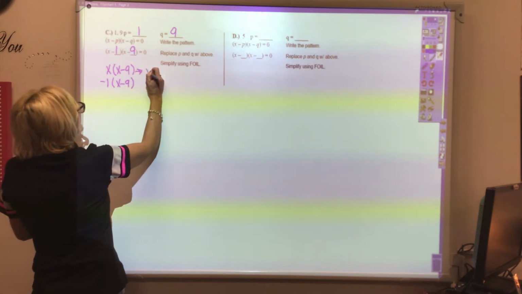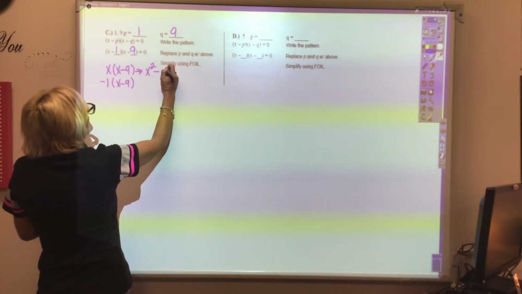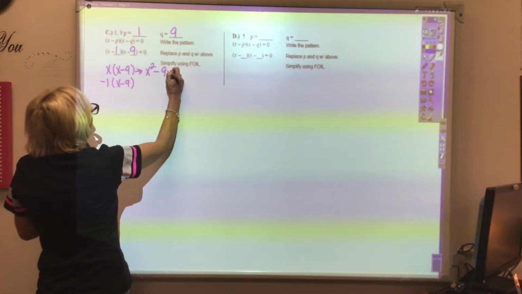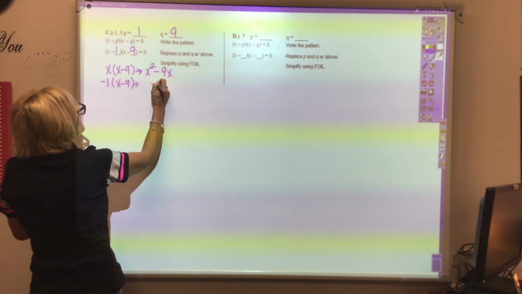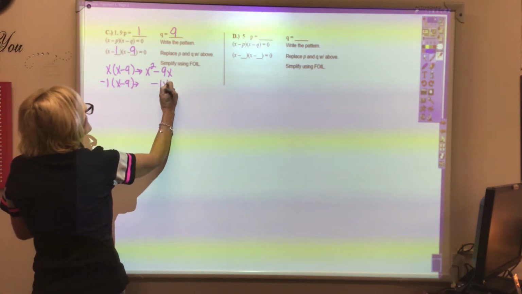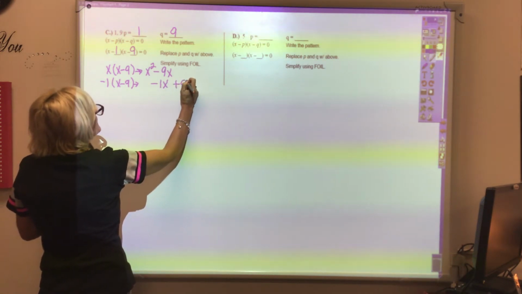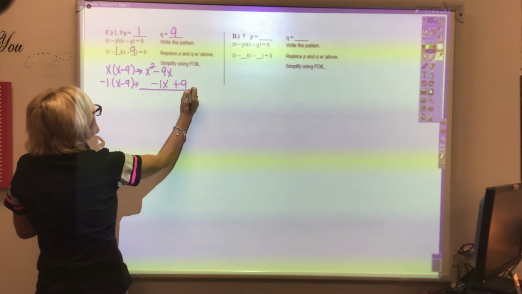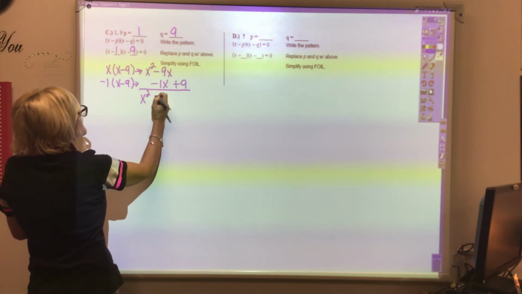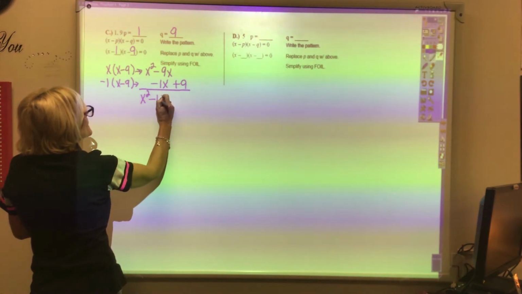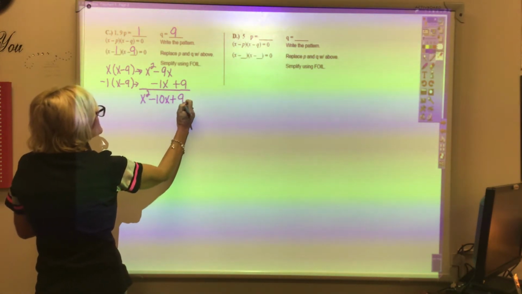We have x times x is x squared minus x times 9, 9x. Negative 1 times x would be negative 1x. And negative 1 times negative 9 would be positive 9. Draw a line underneath. Simplify. X squared minus 10x plus 9.